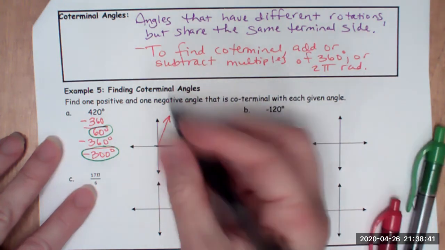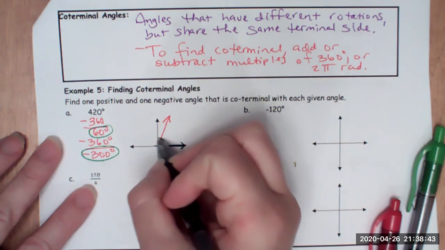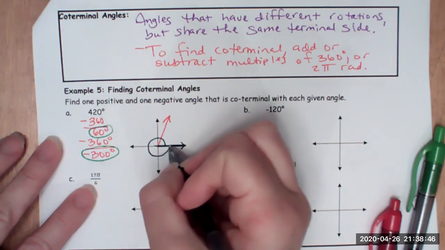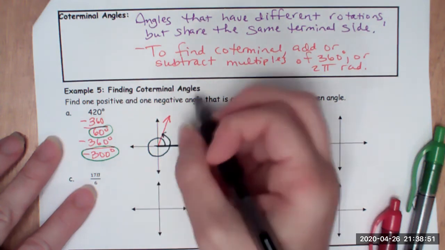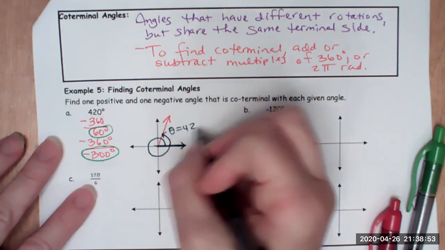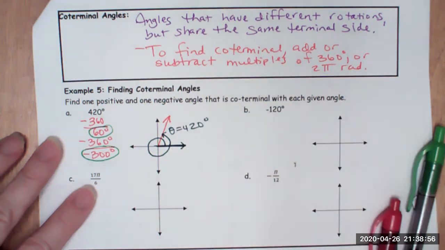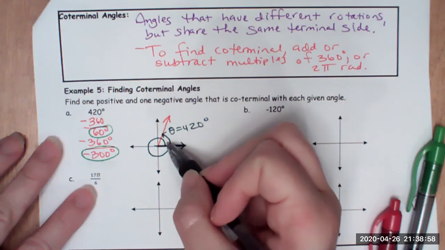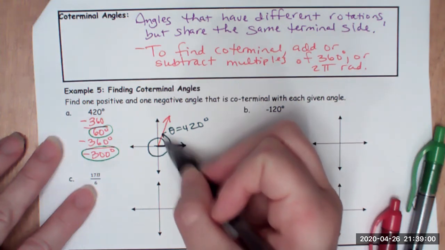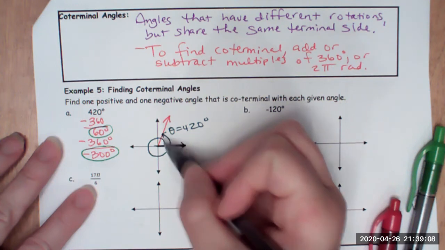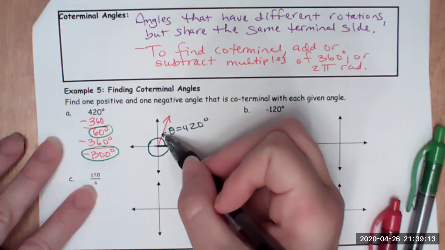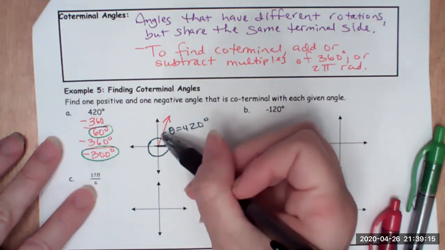Well, if I rotate 360, but then I continue to rotate another 60 degrees, now I've got theta equals 420, right? But of course, that's coterminal with theta equals 60, because if I start just at that initial side and I go one little rotation from here to here instead of around once plus here, I'm getting to the same spot, okay?